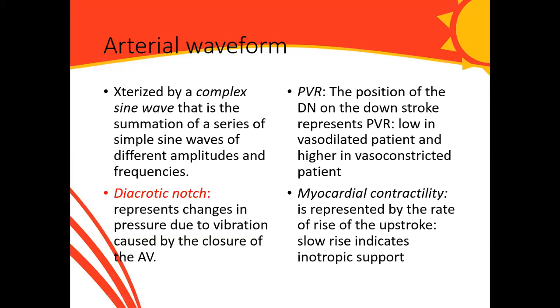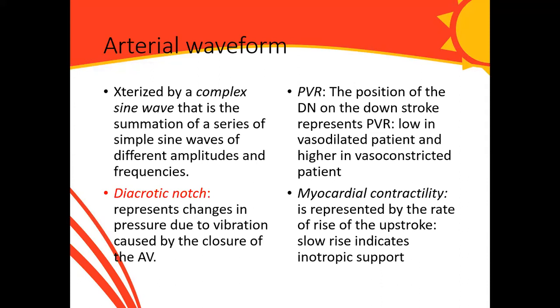So the arterial waveform I've been showing you is actually characterized by a complex sine wave, which is a summation of a series of simple sine waves of different amplitudes and frequencies. The first thing we want to talk about is the dicrotic notch, all right, which represents changes in pressure due to the closure of the AV valve, the atrioventricular valve.